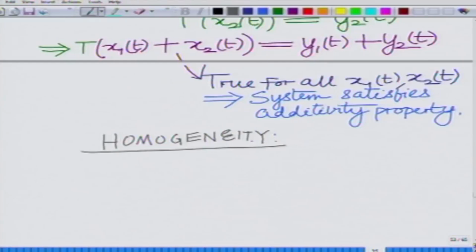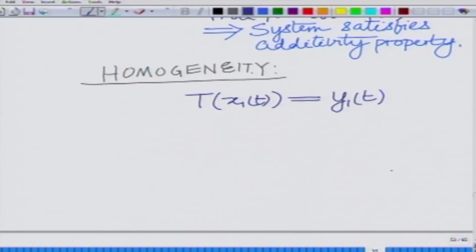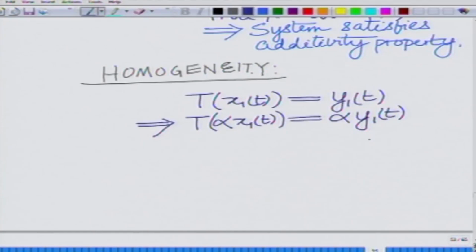Homogeneity simply implies that if x1(t) produces the output y1(t), then T of alpha times x1(t) produces the output alpha times y1(t), or you can simply write it as x(t) and y(t).